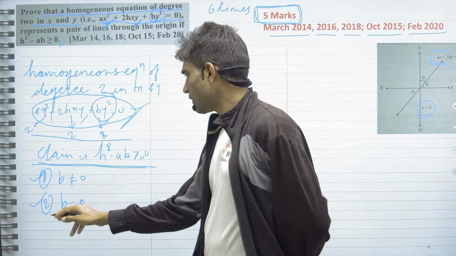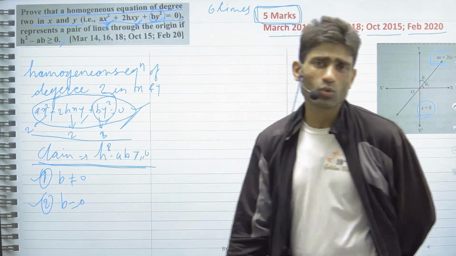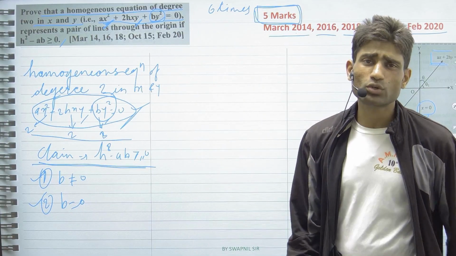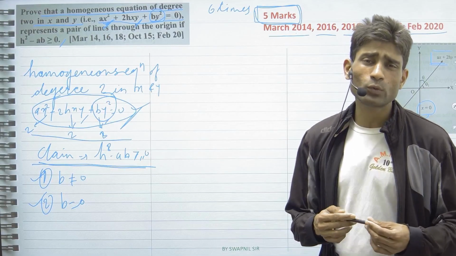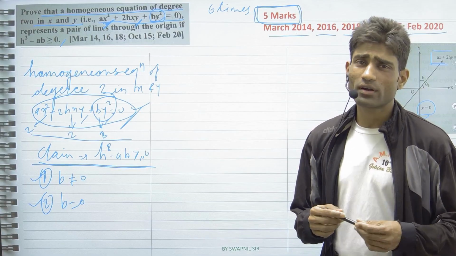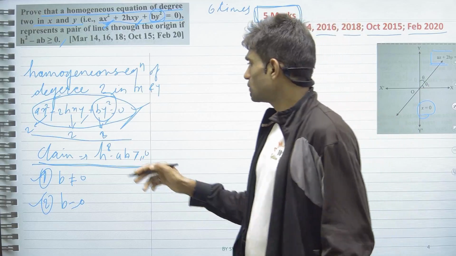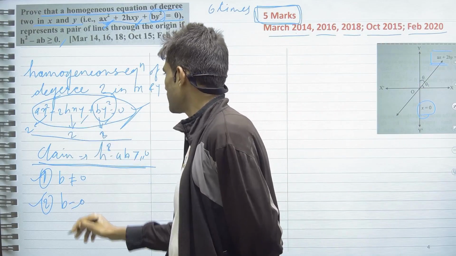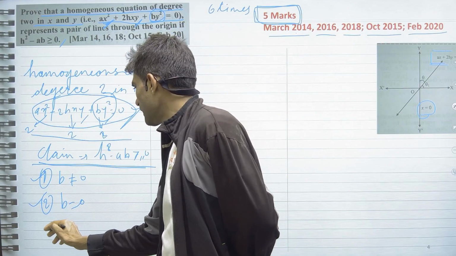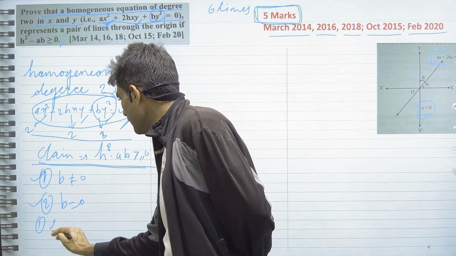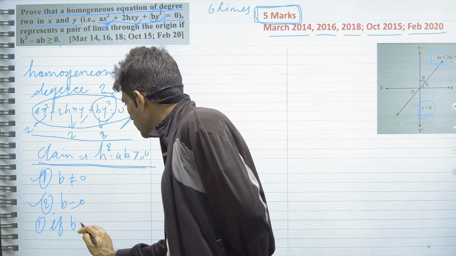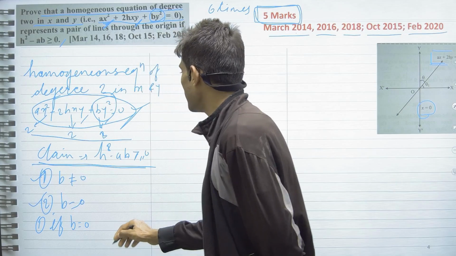First of all, the condition b equal to 0 is quite easy, so let's prove that case first. We have ax square plus twice of hxy plus by square equal to 0. Consider the first case, b equal to 0.